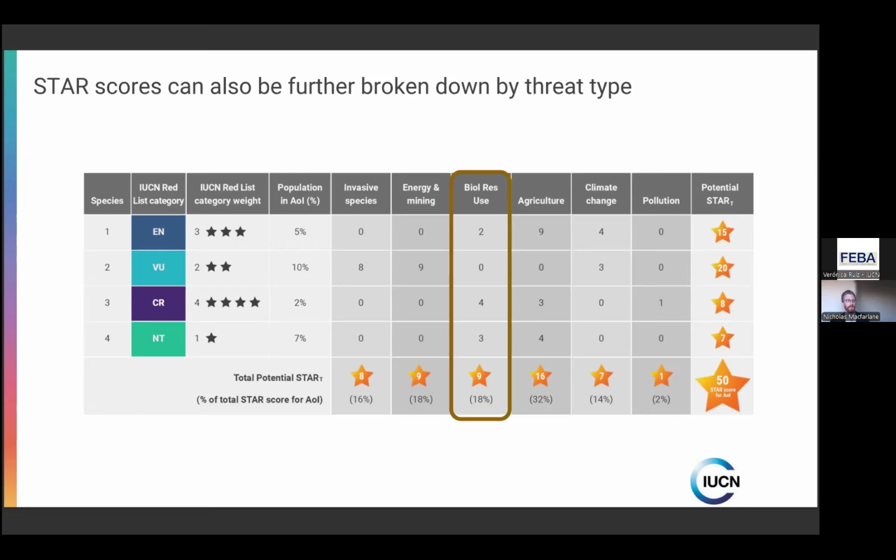In contrast, another threat, for example pollution, has a much lower theoretical ceiling of global species extinction risk that it could reduce. So if you're just deciding what type of action to do at the site based on how much species extinction risk you could reduce, choose biological resource use, not pollution, as the target of your policies. Next slide, please.